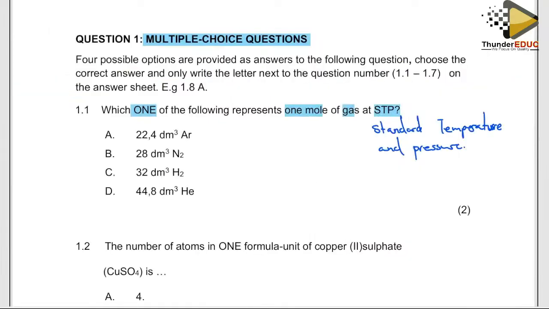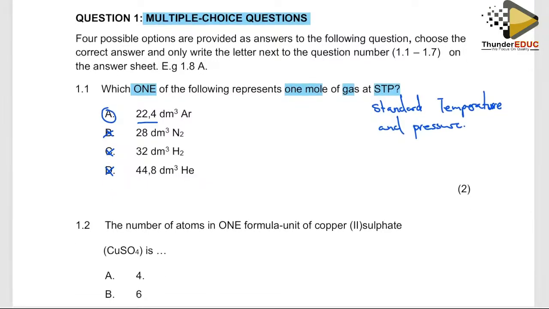So now to go back to our options there, the first one says A, which is your 22,4 dm cubed, and then the other one is 28, which is incorrect. Then the next one is 32, which is also incorrect. And then this one is 44,8, which is also incorrect. So the only correct answer there is going to be A, which is equivalent to 22,4 dm cubed of Ar, which is your argon.